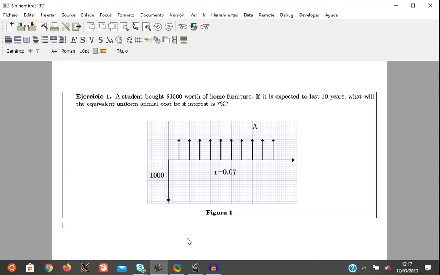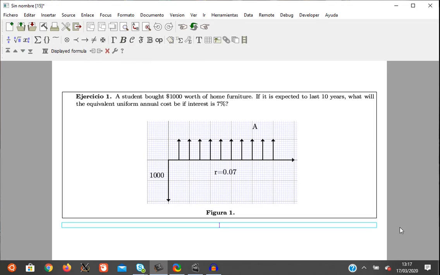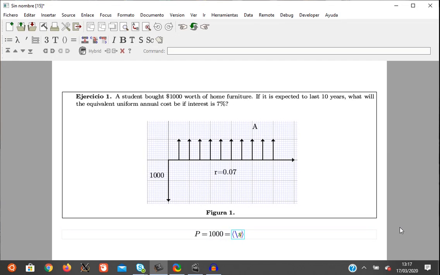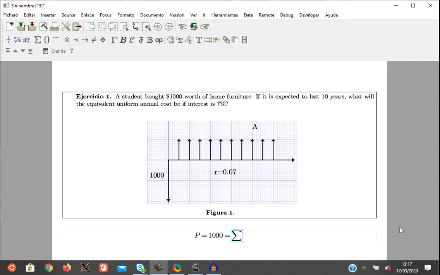We have here an initial value of P equal to 1000, and this has to be equal to the sum of the first n terms of a series formed by the annuity, the contribution of each one of the terms of an annuity to the present value.